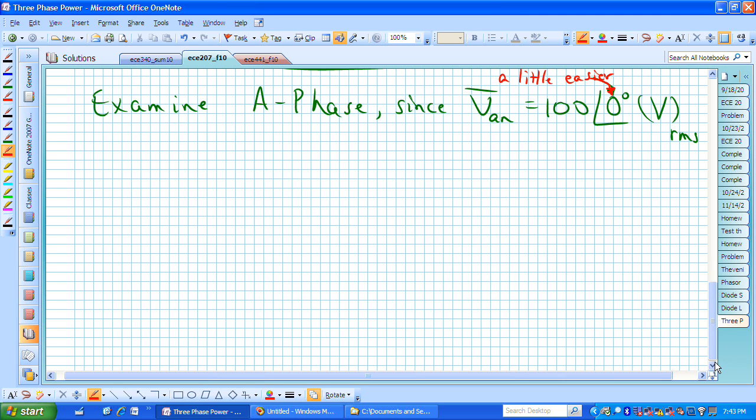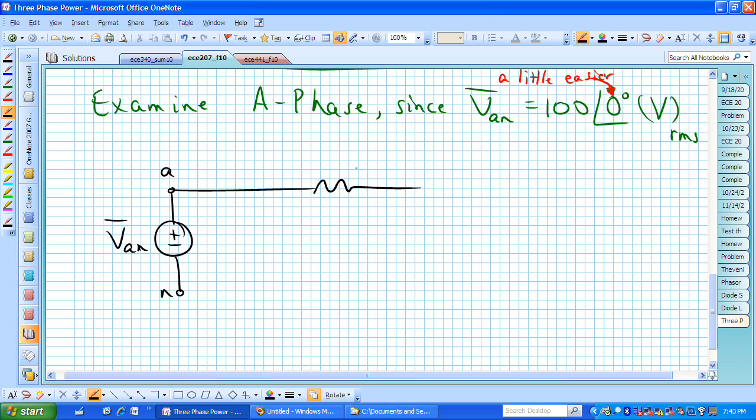Now let's pull out that A phase and re-sketch it as a single phase. Here's A, here's our source, and that's this V sub AN as a phasor.